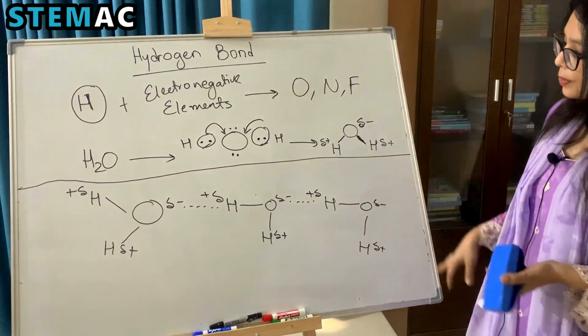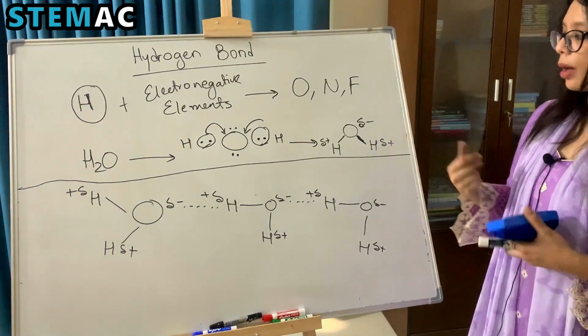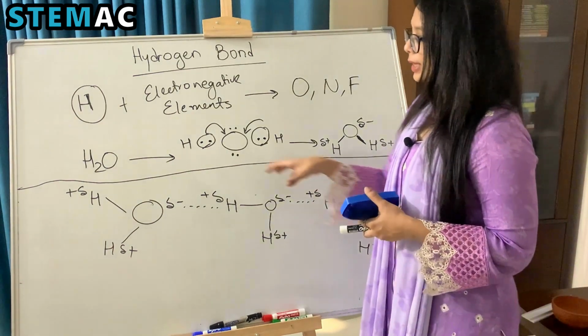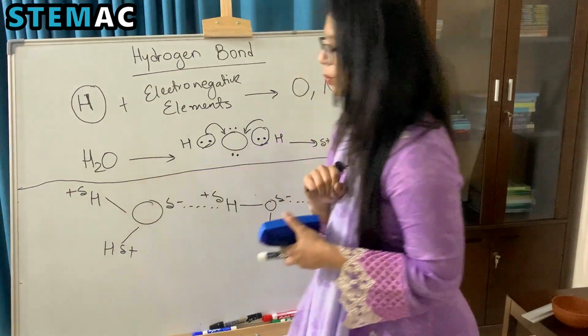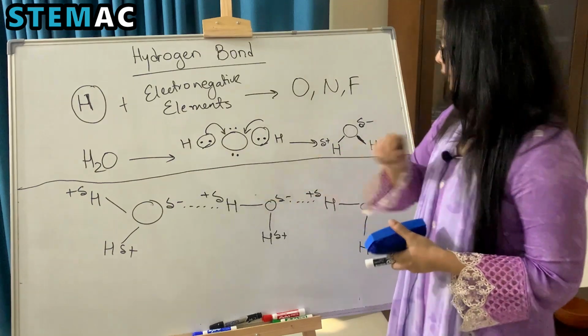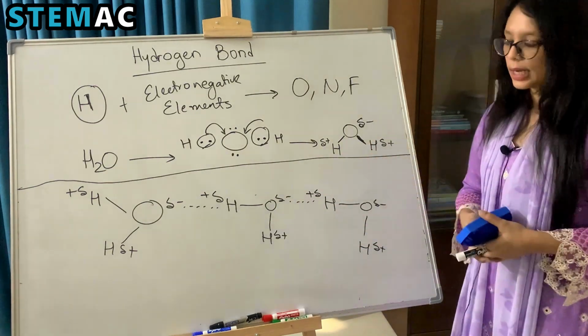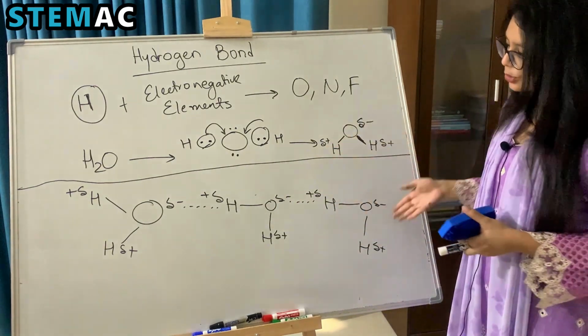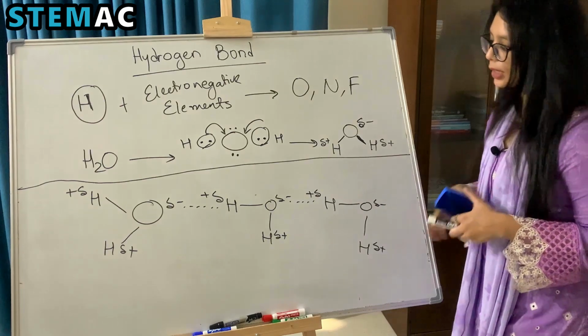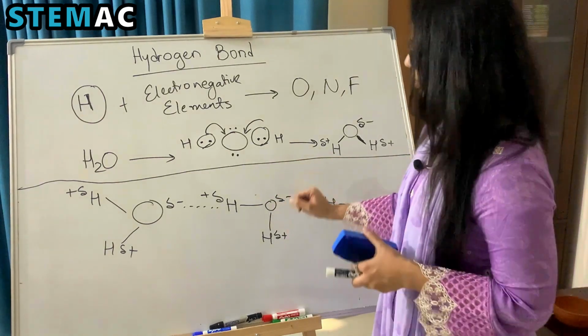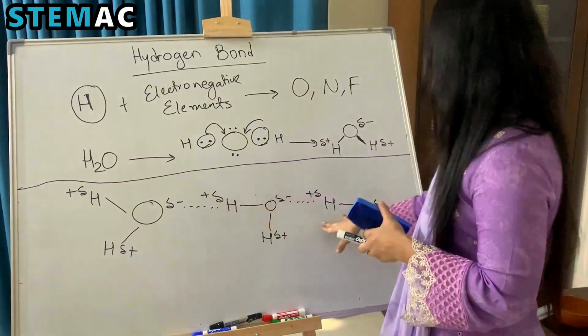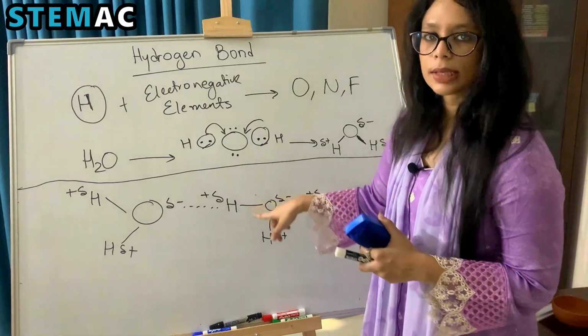What happens when we have, let's say, a cup of water? This is a separate water molecule, this is another water molecule, and so on. We see from this structure that the hydrogen bond present in water is between adjacent water molecules, but not within itself.